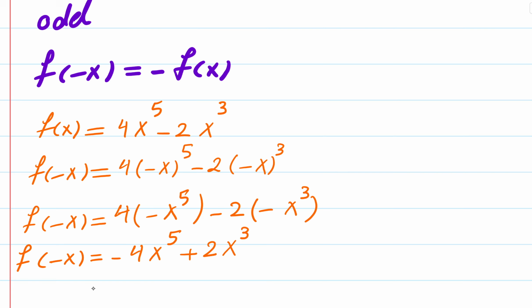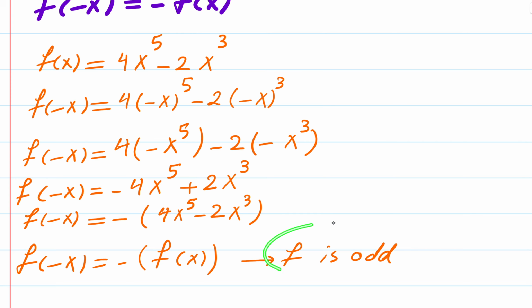Now, if you factor out negative 1 from f of negative x, what happens? If I factor out negative 1 from the first term, I get 4x to the power 5, and from the second one I get negative 2x to the power 3.